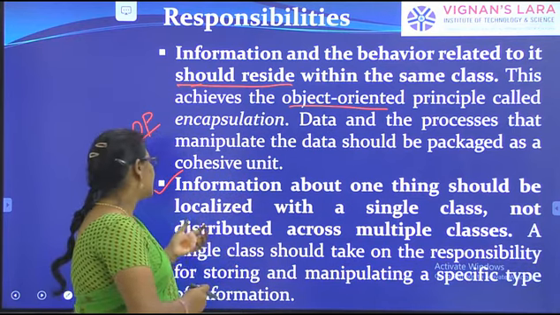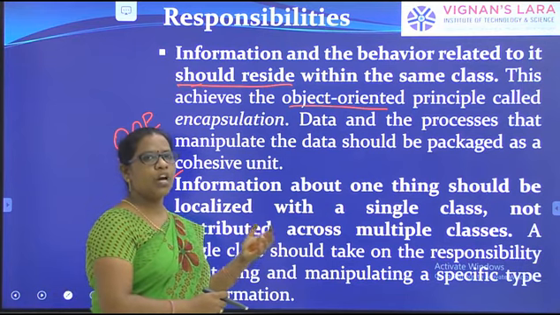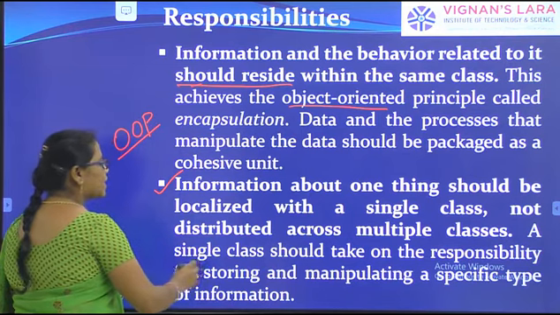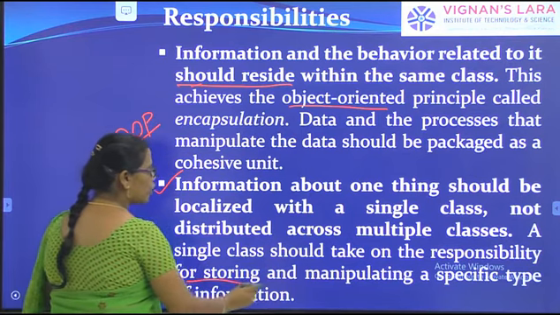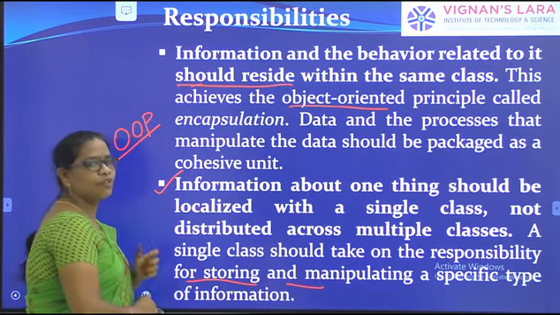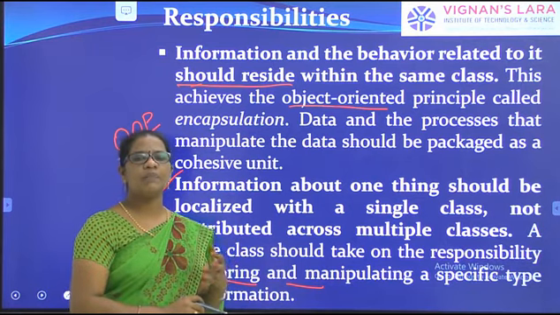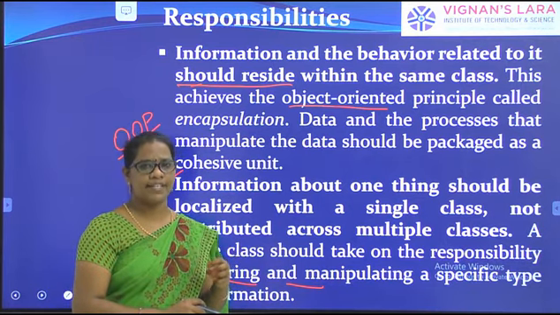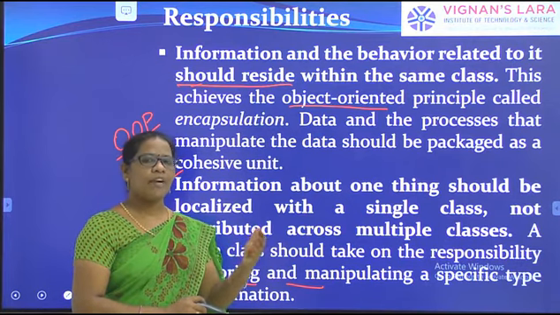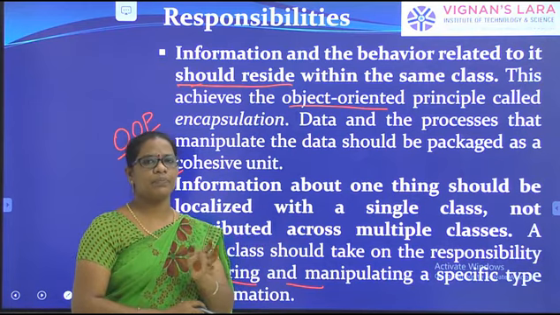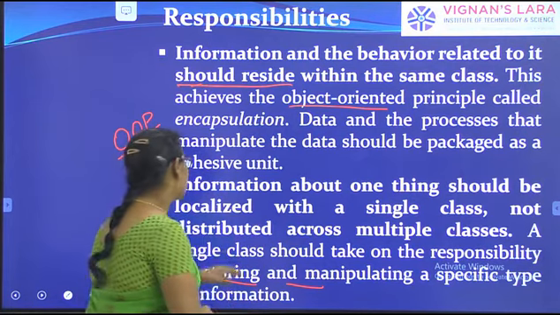But sometimes you are not able to use all the things. A single class should take on responsibility for storing and manipulating a specific type of information. You will declare many variables, and only particular variables are represented by the one class. Apart from that, you can take some more variables to represent other classes. So that is this point.